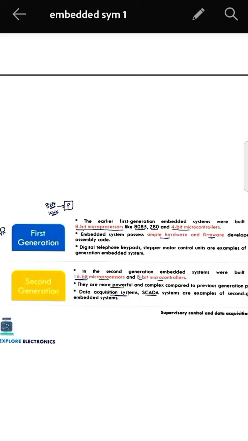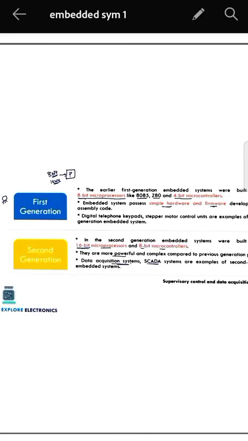Okay. Next, go for the second generation. In the second generation, what are they using? 16-bit microprocessor and 8-bit microcontroller. And they are powerful and complex compared to the previous generation. Compared to first generation, the second generation is more powerful.